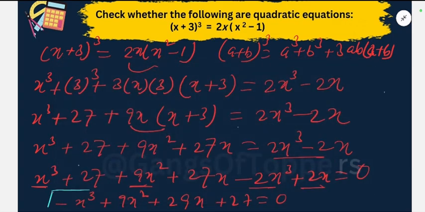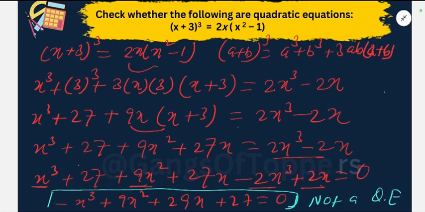Now if you compare this equation with the general quadratic equation, we will find both are not similar, so it is not a quadratic equation. Not a quadratic equation, right?